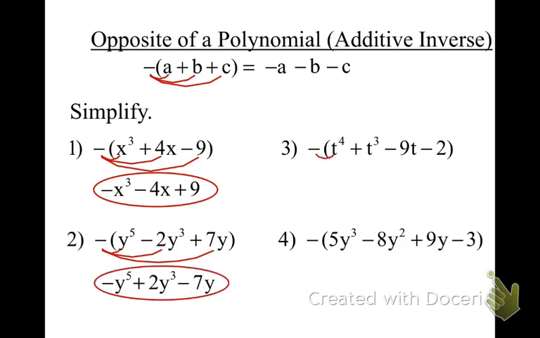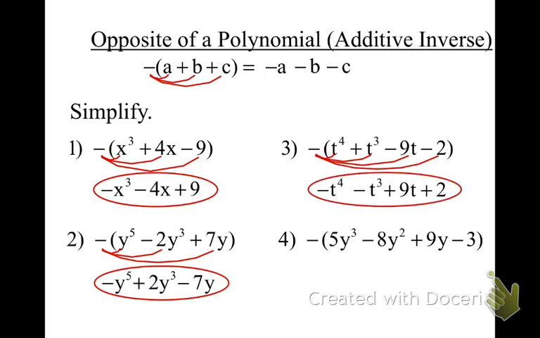On number 3, it's negative t to the 4th, negative t to the third, plus 9t plus 2. The last one will be negative 5y cubed plus 8y squared, because a negative times a negative makes a positive, and negative 9y and positive 3.